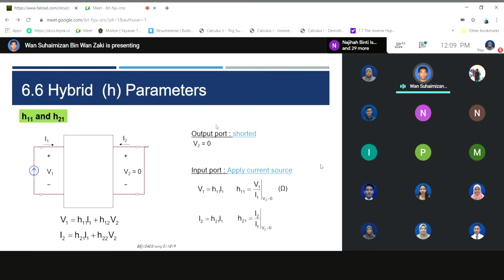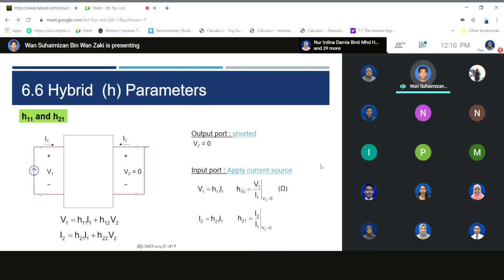So in order to determine these two parameters, H11 and H21, you need to set V2 equals to 0. It means that you short circuit port number 2. When you do this test, you set V2 equals to 0, and you can get H11 and H21.